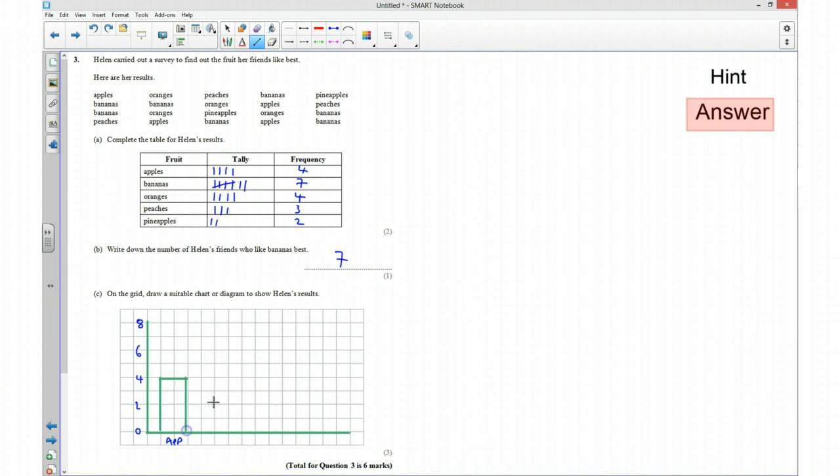A bar for apples, and then we're going to have bananas, which is going to be 7, and I'm going to leave a gap.